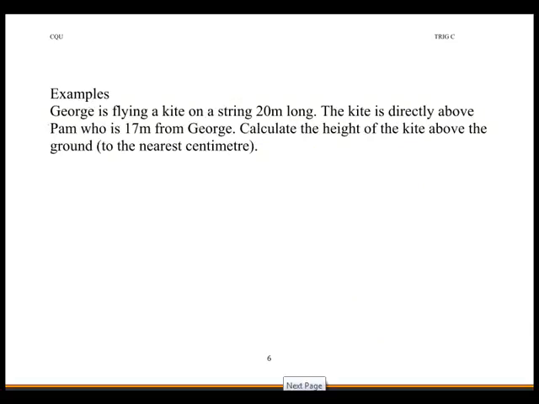So here's another one. George is flying a kite on a string 20 metres long. The kite's directly above Pam, who's 17 metres from George. Calculate the height of the kite above the ground. So what I would do is draw a picture of the situation as you see it.